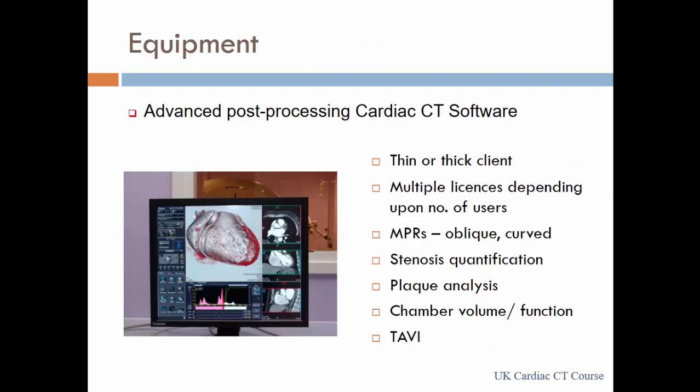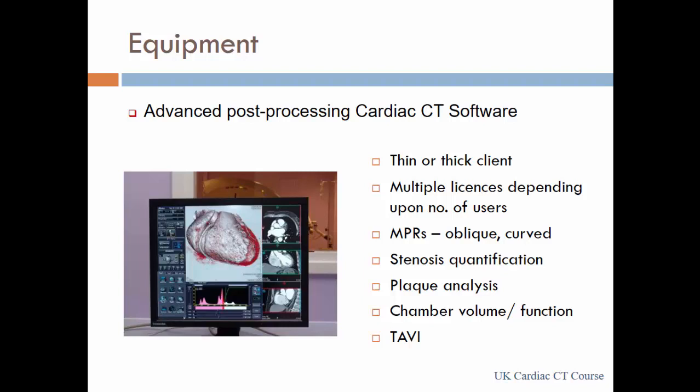Then the third thing in terms of equipment is having the right kind of advanced post-processing cardiac CT software. When we purchase any CT scanner and you specify you want cardiac software on it as well, most of the vendors have their own specific version of the CT software, like what you are working on here, like Vitrea.